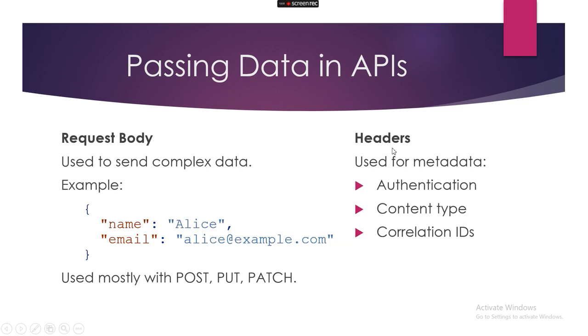You want to put it in the next one, which is the header, because the header is where things that are used for authorization and authentication are usually sent. So if you see here, you have headers used for metadata, like authentication, content type, and correlation IDs. So authentication and authorization are usually sent through the headers.